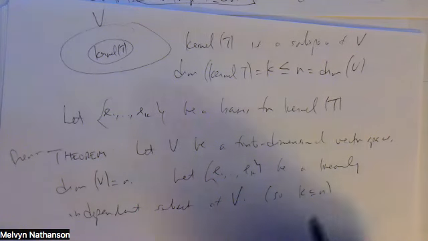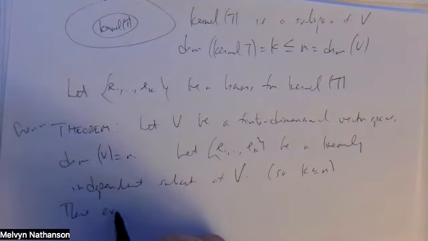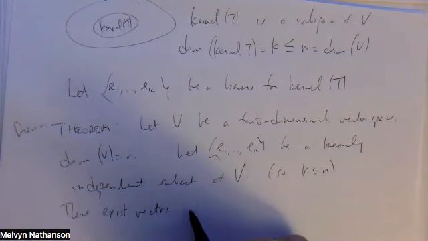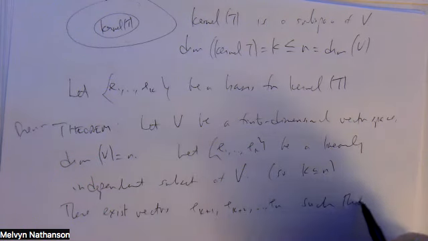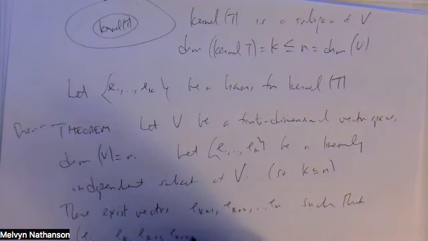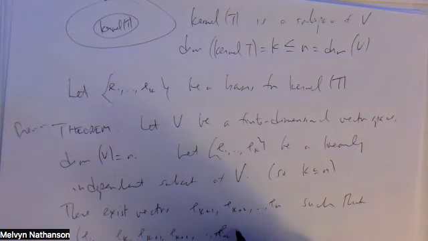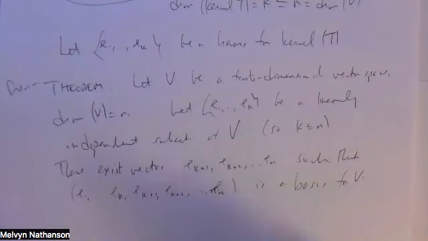So k is at most n, because n is the size of the largest linearly independent subset of V. There exist vectors ek plus 1, ek plus 2, up to en, such that the set e1 up to ek, ek plus 1, ek plus 2, up to en is a basis for V. So we had proved in a previous chapter that every linearly independent subset of a vector space can be extended to a basis for the vector space.